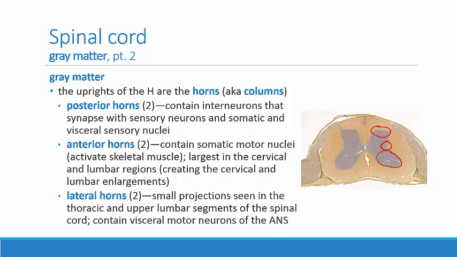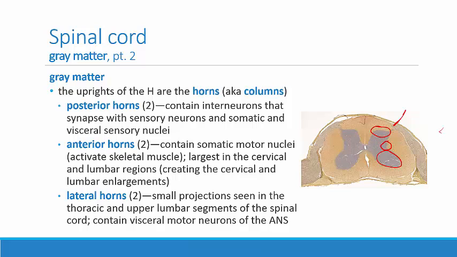So there are little projections of gray matter, and the posterior horns contain the interneurons that synapse with the dorsal root neurons, or with the axons coming in by the dorsal root, and they bring in the sensory information. The somatic and the visceral sensory nuclei are all found here. Remember, nuclei are clusters of cell bodies.